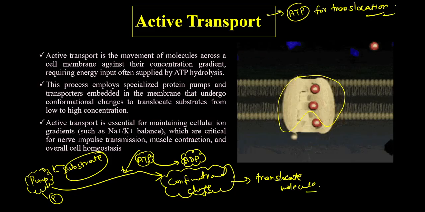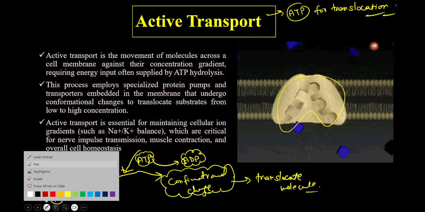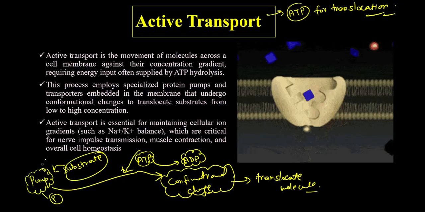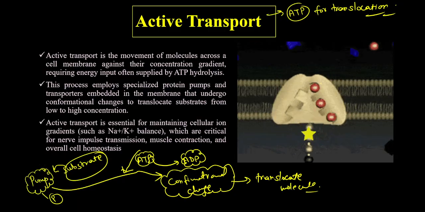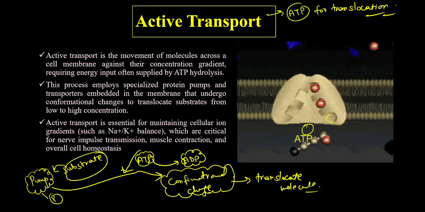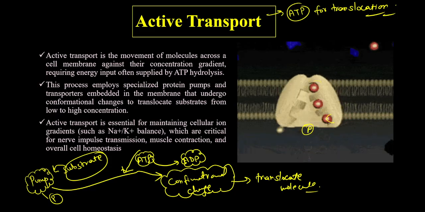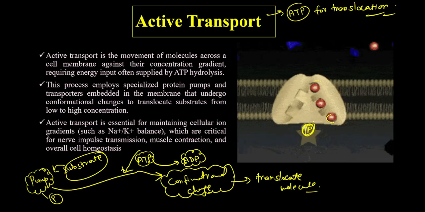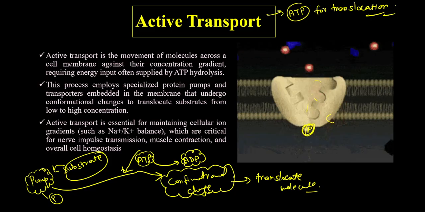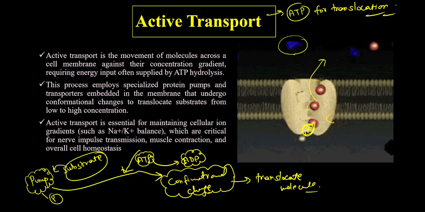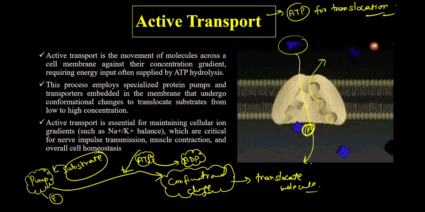In this image you can see, firstly these molecules are bound, then ATP hydrolysis occurs, that adds a phosphate group, which will bring the conformational change and will translocate these molecules out, and the molecules which are present outside will be translocated inside the membrane.